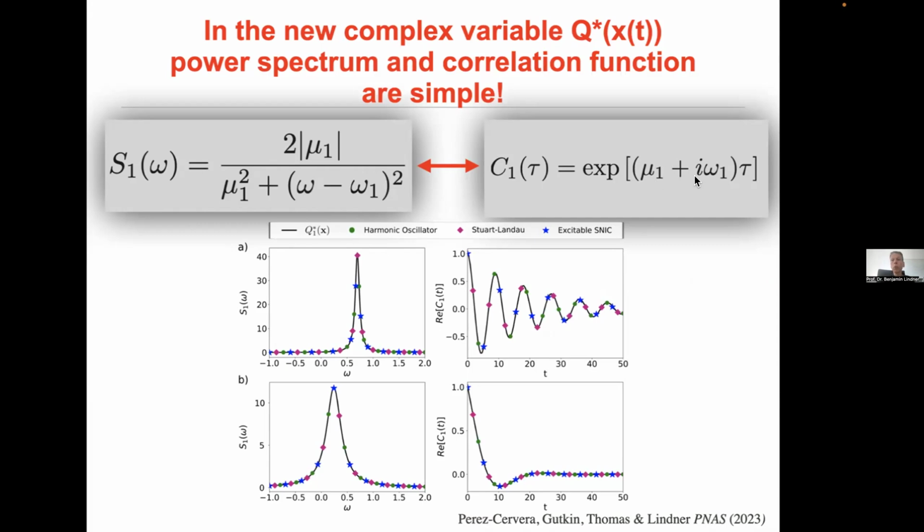Yeah, lambda 1 was mu1 plus i omega 1, by the way, and you see that these three very distinct systems that have really distinct mechanisms for stochastic oscillations, they all are exactly described in this new variable by a complex exponential, if you look in the time domain for the autocorrelation function, and by the Lorentzian power spectrum that is centered at the imaginary part of our eigenvalue, and the width of which is determined by the real part of the same eigenvalue, so by mu1.